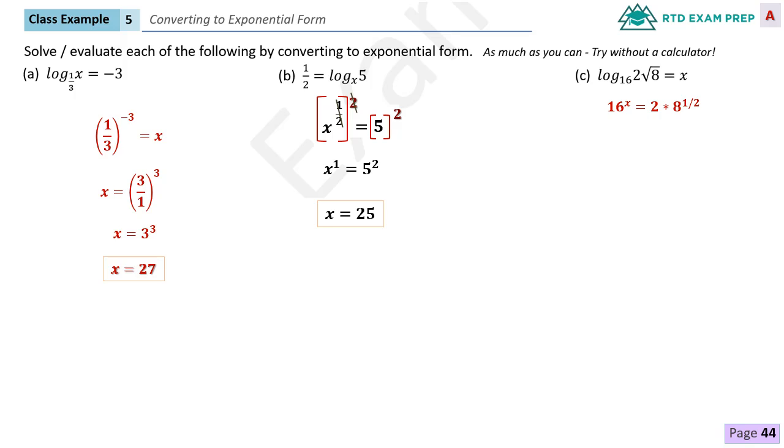So this is really an example where we could just evaluate log base 16 of 2√8. But because we haven't reviewed how to do that yet, let's stick with this method. So log base 16 of 2√8 is the same as log base 16 of 2 times 8 to the 1/2. And so that is the same as 16 to the x equals 2 times 8 to the 1/2.